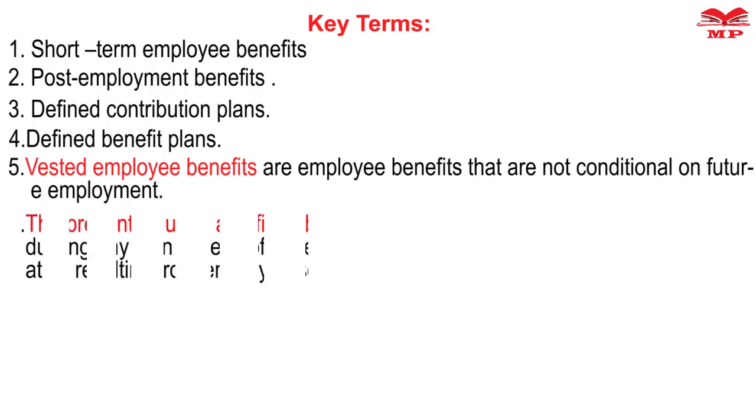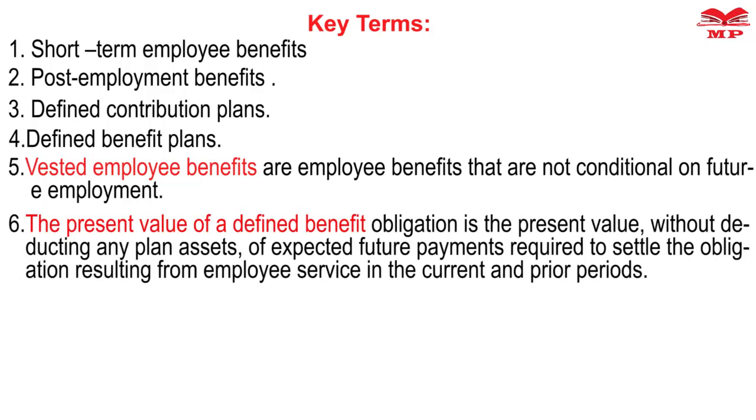We also have the present value of a defined benefit obligation, which is the present value, without deducting any plan assets, of expected future payments required to settle the obligation resulting from employee service in the current and prior periods.